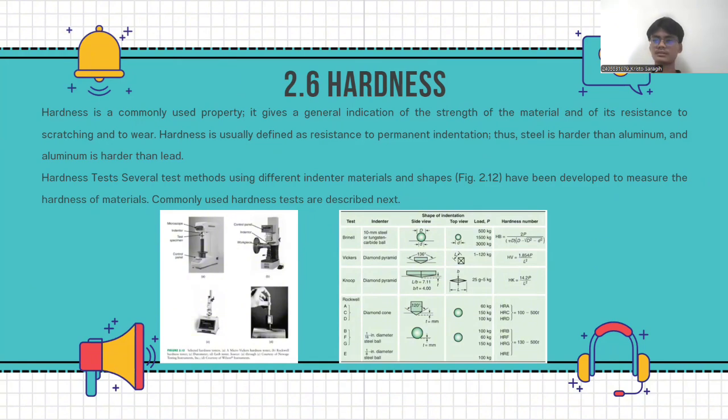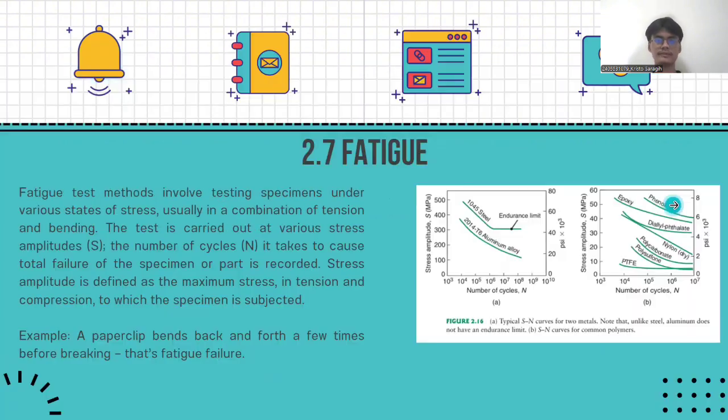Thus, steel is harder than aluminum and aluminum is harder than lead. Several hardness test methods using different indenter materials and shapes, as in figure 2-12, have been developed to measure the hardness of materials. Commonly used hardness tests are described next.